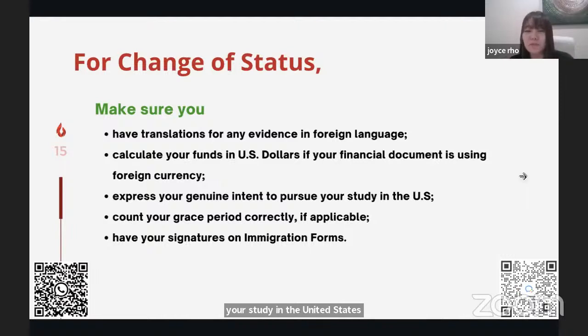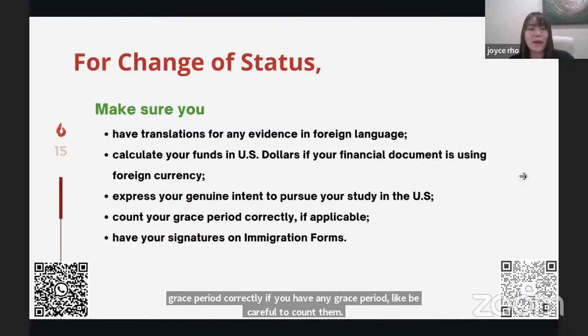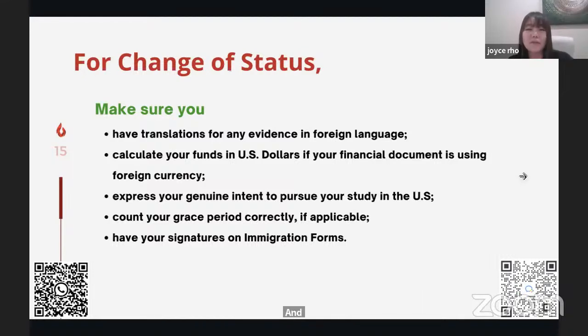When you make a statement, you need to express your genuine intent. And then, since you have to submit your file in time before the termination date of your status, count your grace period correctly. If you have any grace period, be careful to count it correctly. And always don't forget to sign the immigration forms.